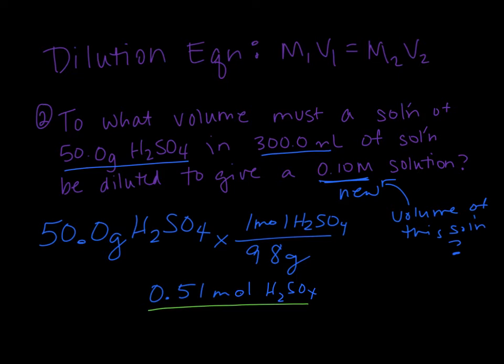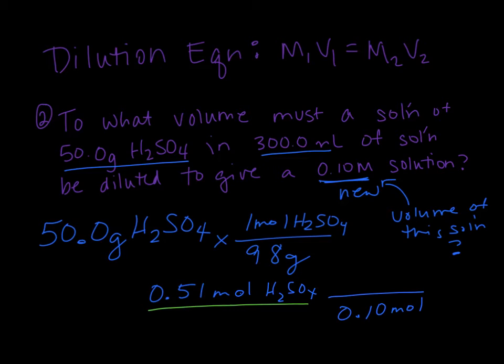Okay, so that's not going to change, right? And so to find my new molarity at the end, I would divide by my new volume, right? Well, I don't want my new molarity, I want my new volume. So I need to take my new molarity and divide by it.